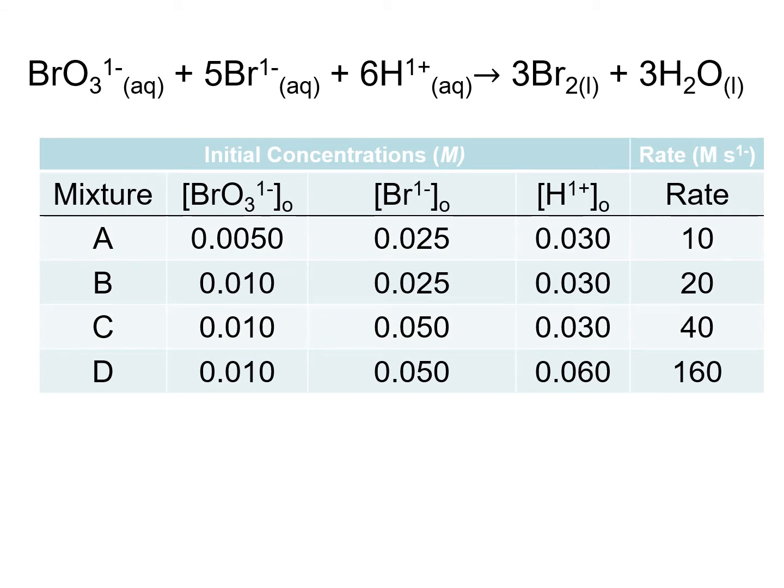So there's our initial concentrations. Sometimes you will see this naught or 0 by the symbol, and that just means your initial. So we have BrO3 1-, which is the bromate ion, and bromide ion and hydrogen ion, and our goal is to find our rate law.